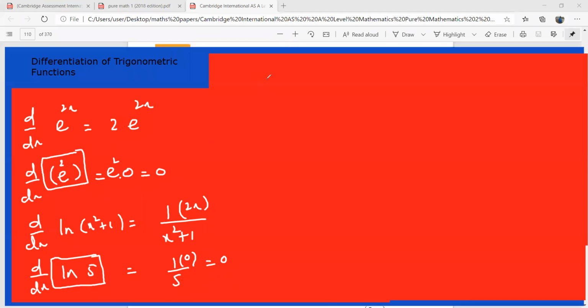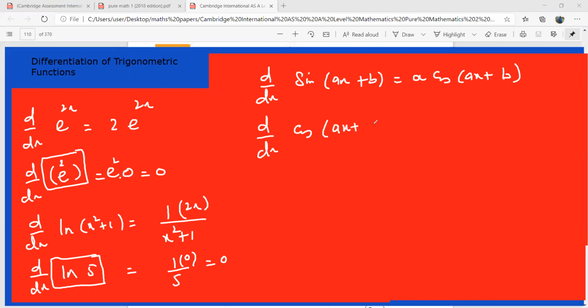So next, if you have to differentiate sine with the composite angle, this has to be cos ax plus b times the derivative of the angle, okay. If you have to differentiate cos ax plus b, this has to be minus sine ax plus b.